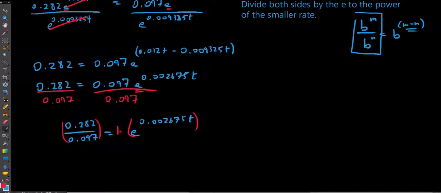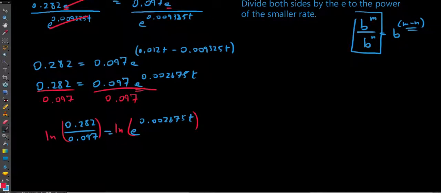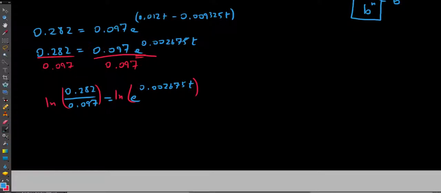What I want to do is take the natural log of everything. Let's try it again. The natural log of everything on the left and the right. So what this does is it gives us the natural log of all of this on the left here. We have the natural log of 0.282 over 0.097. And this is equal to, because of our inverse property, just 0.002675t.